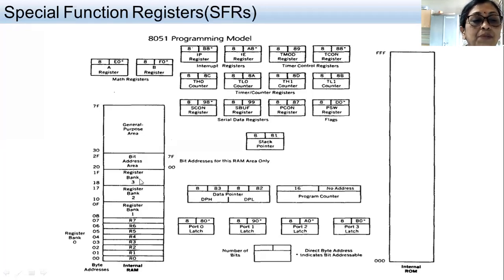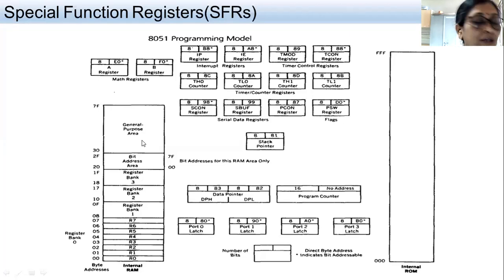There is a bit addressable area and a general purpose area in the RAM of 8051. Apart from this, the 8051 has some special function registers, and those special function registers we will be studying today.